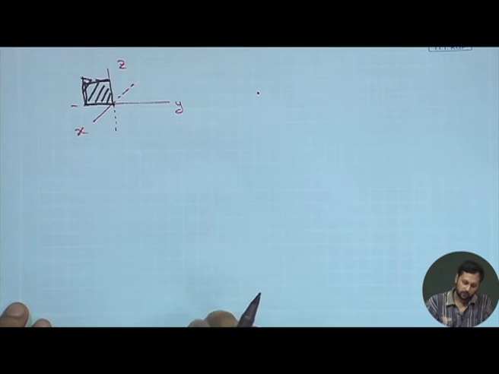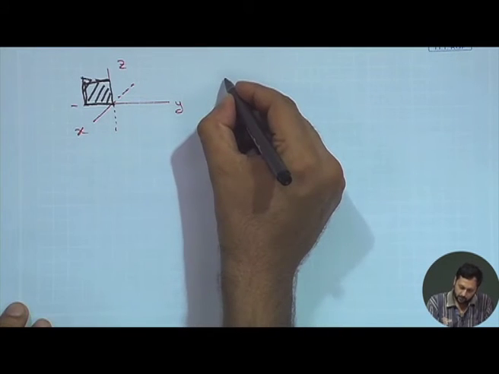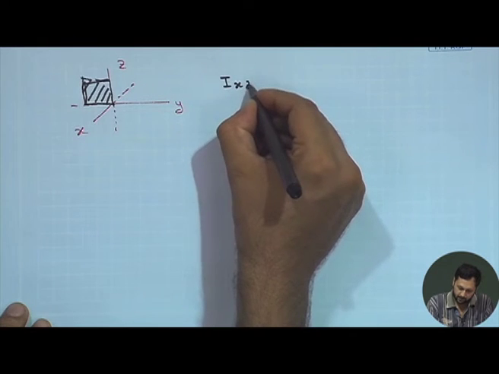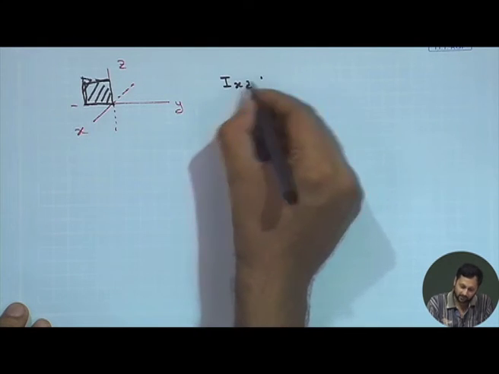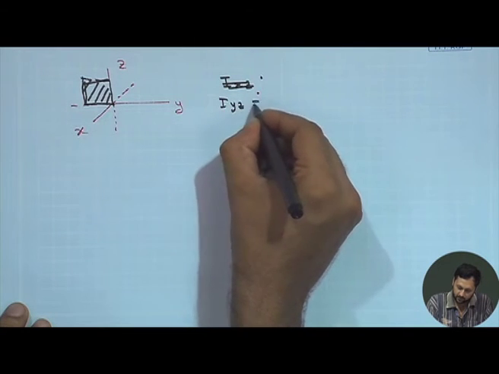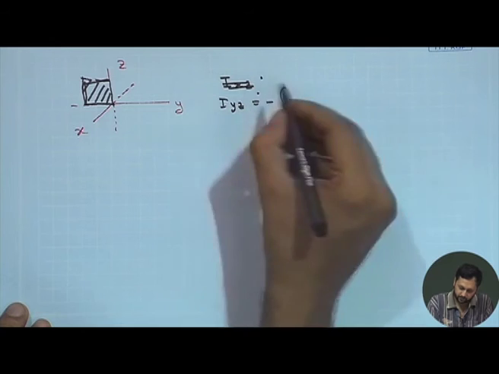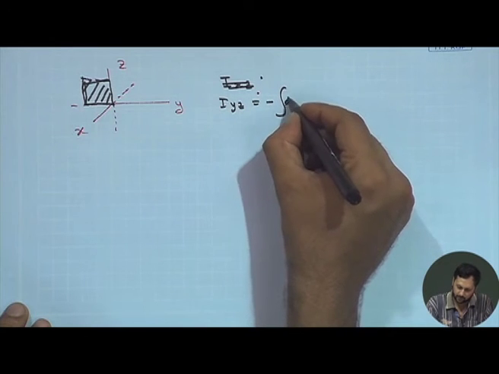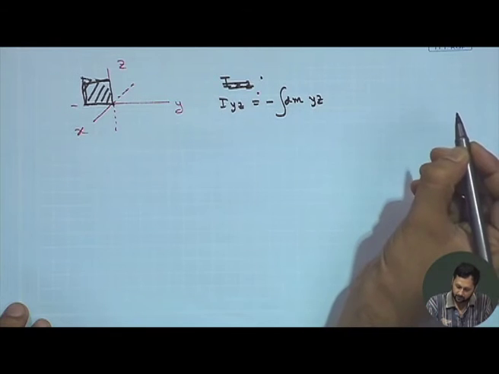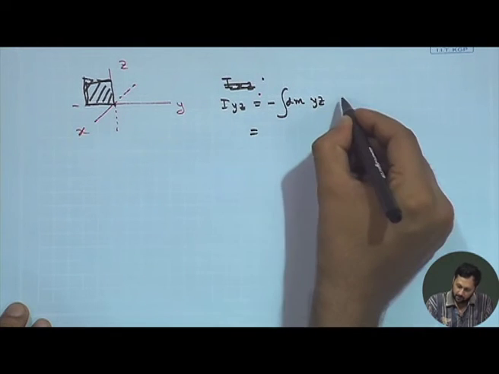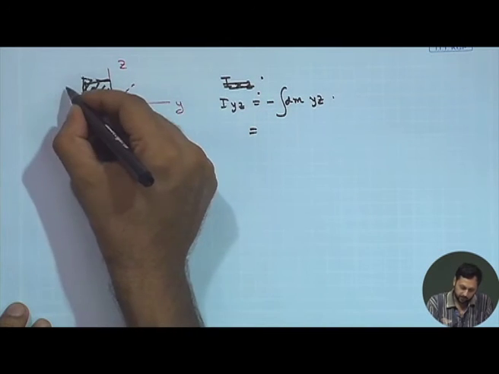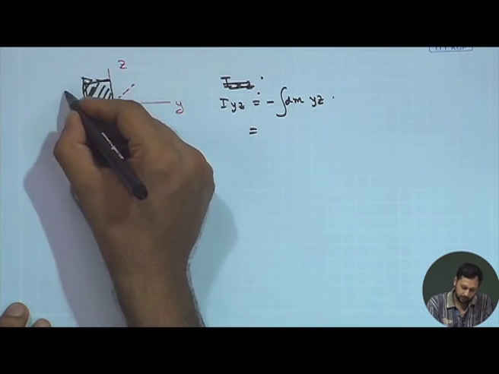Okay. So, now if I calculate the product of inertia I_yz, which will be minus rho, so it is actually dm yz. dm in this case will be sigma dA, where sigma is the surface density of this sheet.